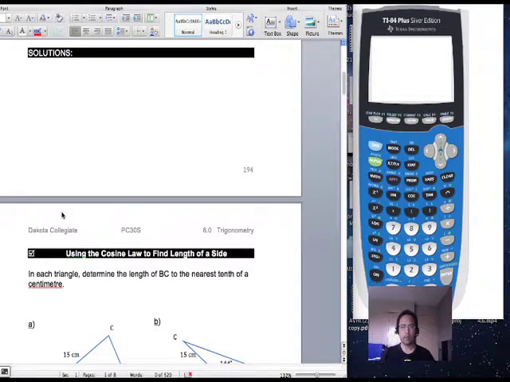So I'll give you a quick demo of that. So we're going to start with the square root sign in your calculator first, and we've got 17 squared plus 10 squared minus 2 times 17 times 10 cos 131.